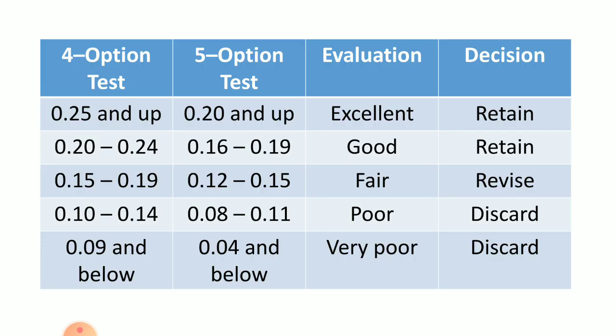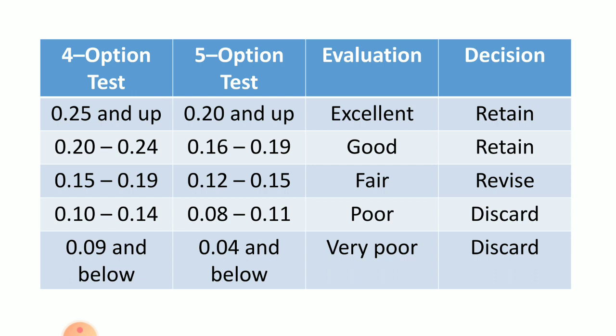So we have here a table which shows the scale for plausibility index under 4-option test and 5-option test. So under 4-option test, if the computed plausibility index is from 0.25 and up, that is excellent. Therefore, you will retain that choice.